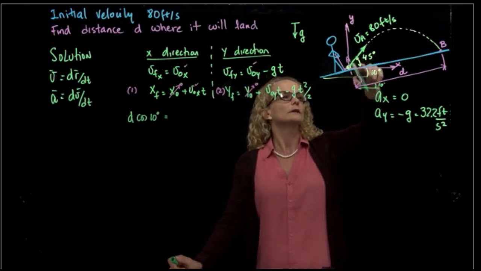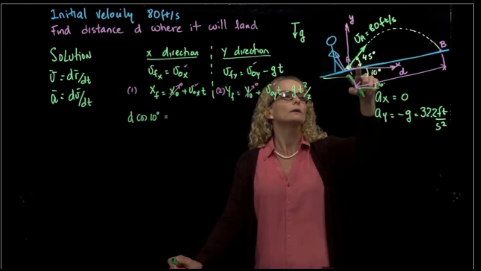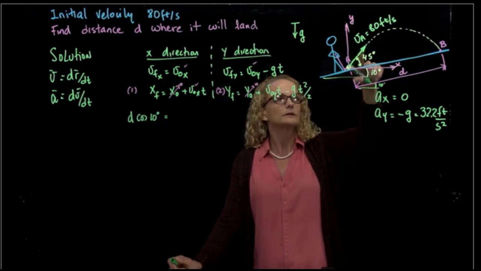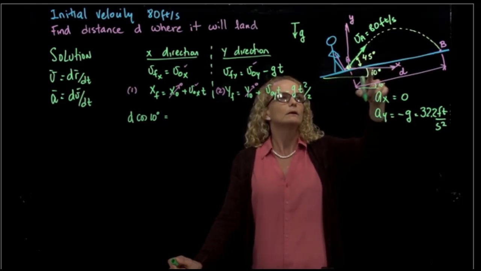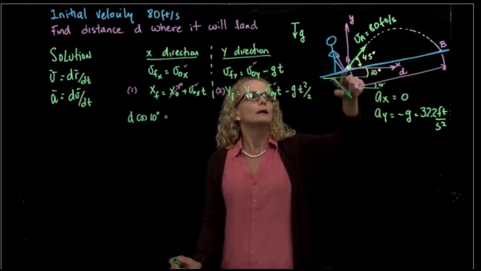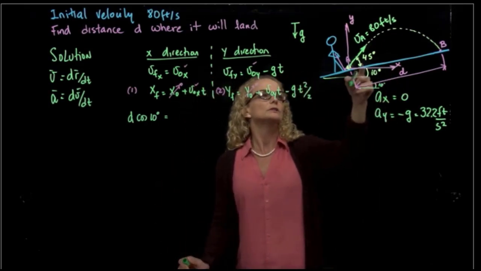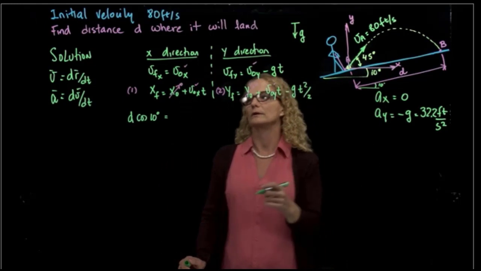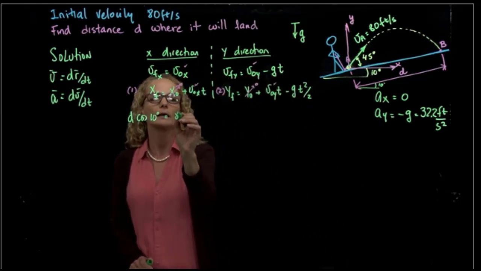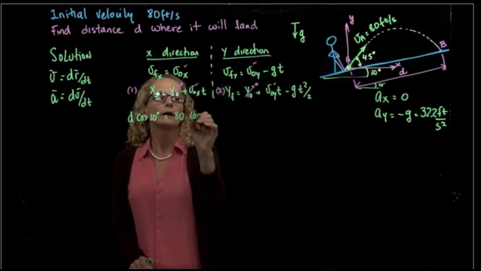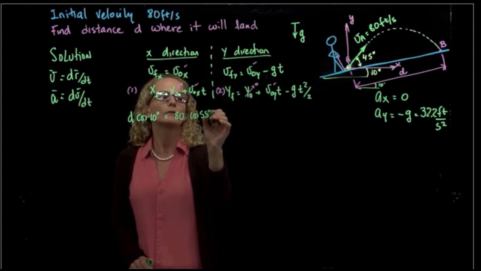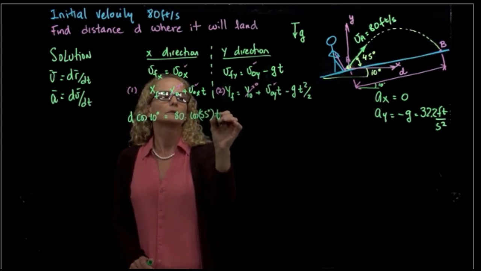We are also given the angle. Be careful, because we are given the angle between the initial velocity and the inclined plane. So we have to have it between the initial velocity and the x axis. So we have to find that angle, which is 45 plus 10 degrees. So that will be equal to 80 cosine of 55 times the time.